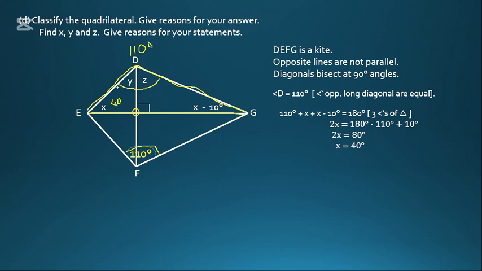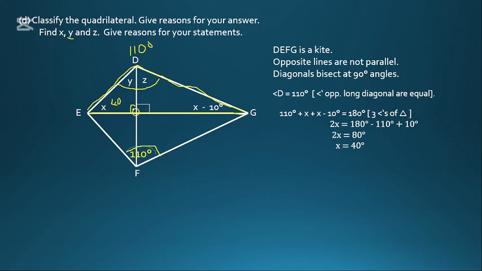Right. Now you must find y. y is over there. Now this angle here is 90 degrees. So obviously that one is 90 degrees because we know diagonals bisect at 90 degree angles. So it will be easy to find y because now we have the smaller triangle here.